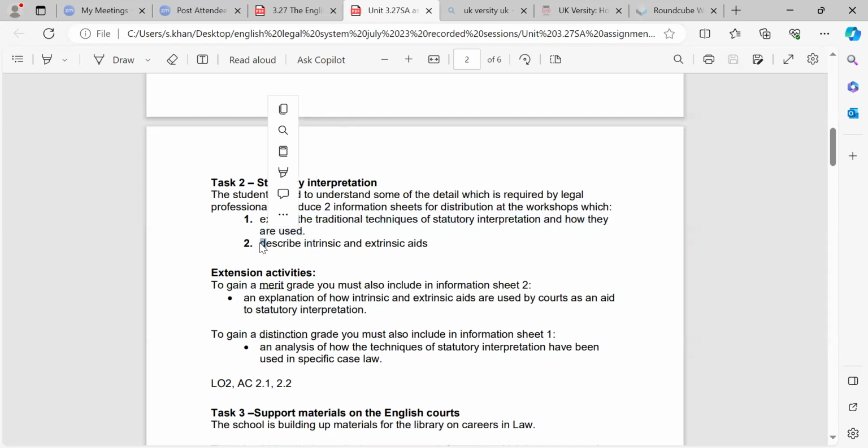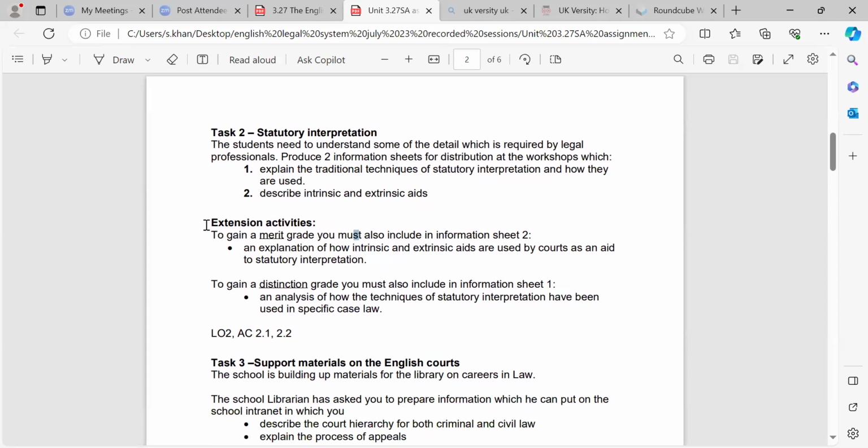The next element, part 2 of task 2, is to describe intrinsic and extrinsic aids with reference to examples. This is another heading for the pass element, okay? Now, if you want to gain a merit, you would do the extension activity.